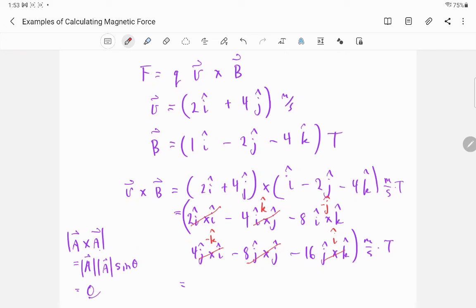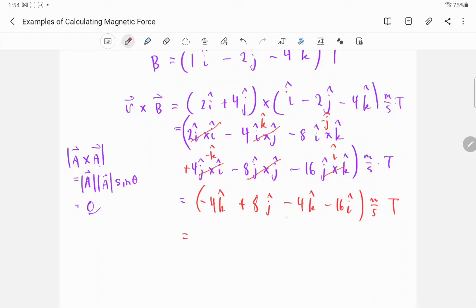It's negative 4 k hat, right? There's a negative j hat and a negative 8, that's a plus 8 j hat. And then here, there's actually a plus sign understood here. So it's negative 4 k hat. So I've got another one. There's two of them. And then I've got an i hat. So negative 16 i hat.